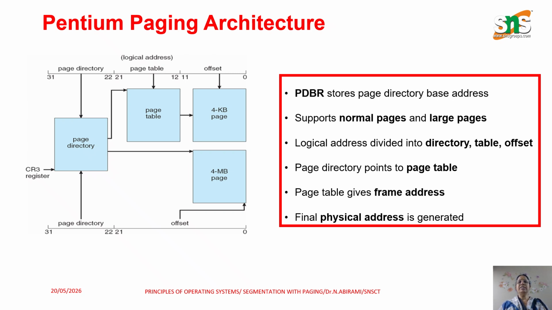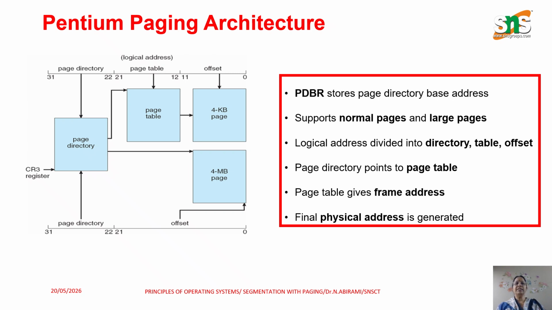Now, we will see how the paging architecture works within the Intel Pentium. This diagram shows Intel's 32-bit two-level paging mechanism, which translates a linear address, that is a logical address, into the physical address using a page directory and page table, supporting both 4 KB pages and 4 MB pages.